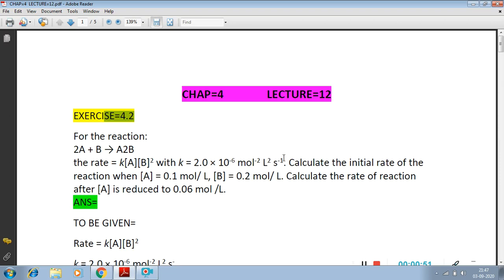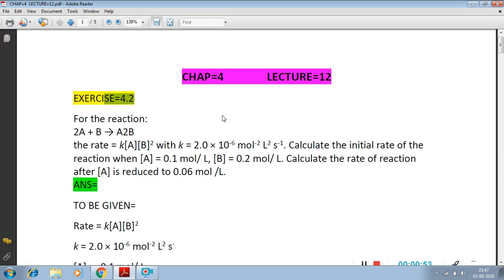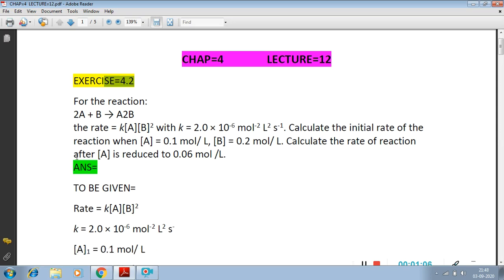Calculate the initial rate of reaction when A is equal to 0.1 mole per liter, B is equal to 0.2 mole per liter. Also calculate the rate of reaction after A is reduced to 0.06 mole per liter.